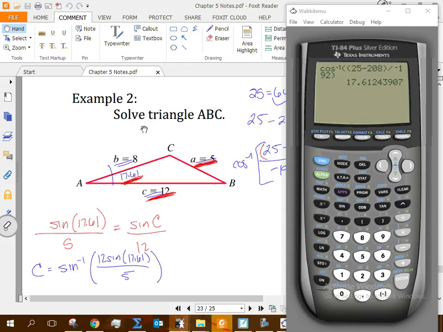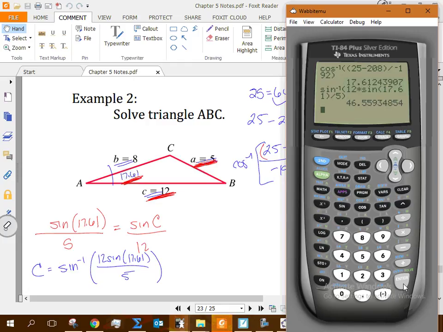If I type that in, sine inverse, 12 times sine 17.61 divided by 5. Because I'm using my calculator, maybe I should have chosen a better number than 17.61. I could have recalled this number up here. But regardless, I get that number there.